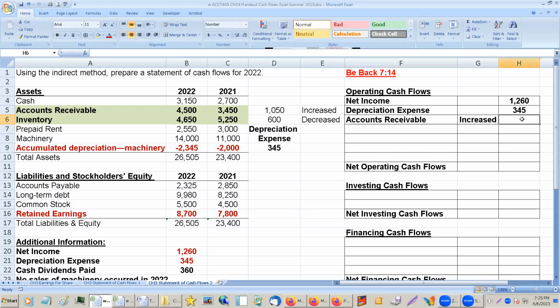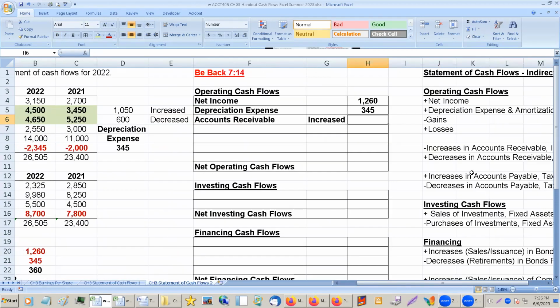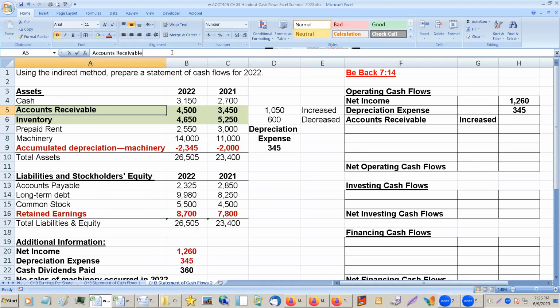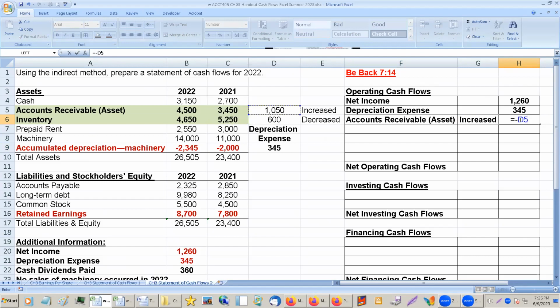So this is an asset that increased, so what happens to our cash? Did it increase? It'll actually decrease. So this is an asset. When assets increase, your cash goes down. Think about inventory: if you buy inventory, your inventory goes up and your cash goes down.